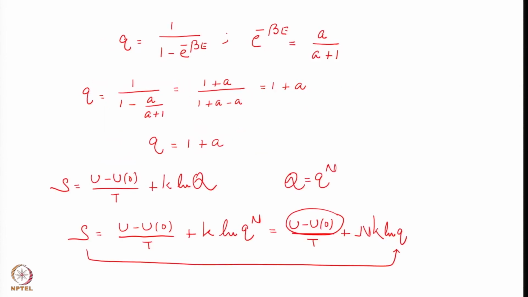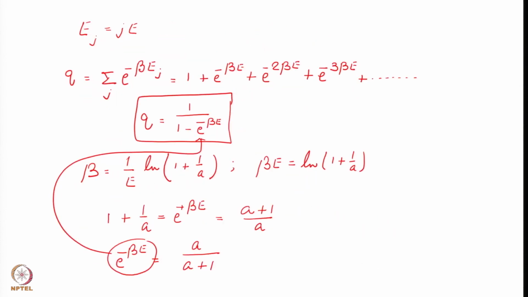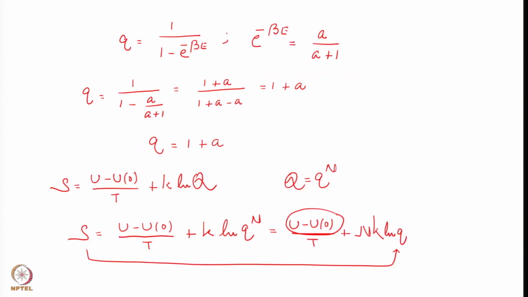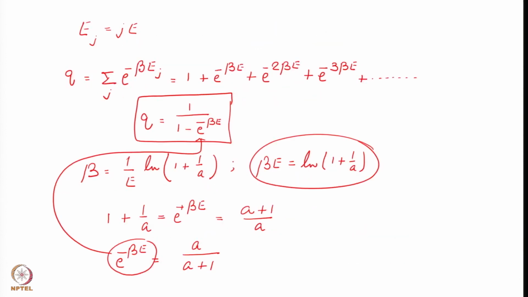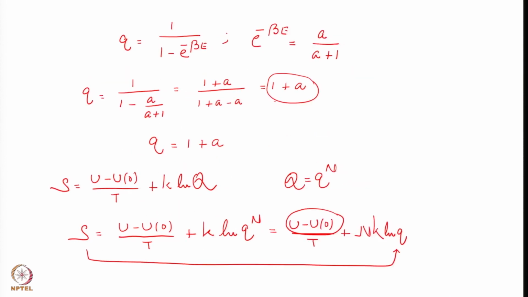You remember that beta E is equal to log 1 plus 1 by A, and q is 1 plus A. Let us substitute that.